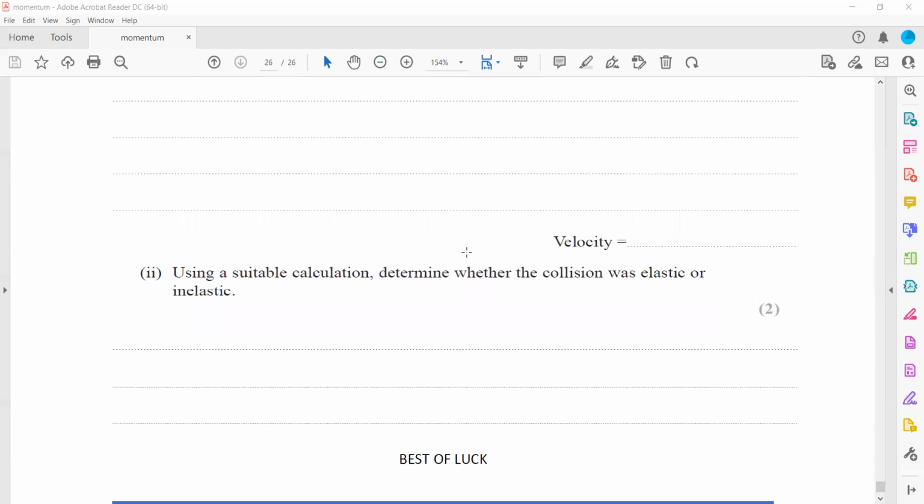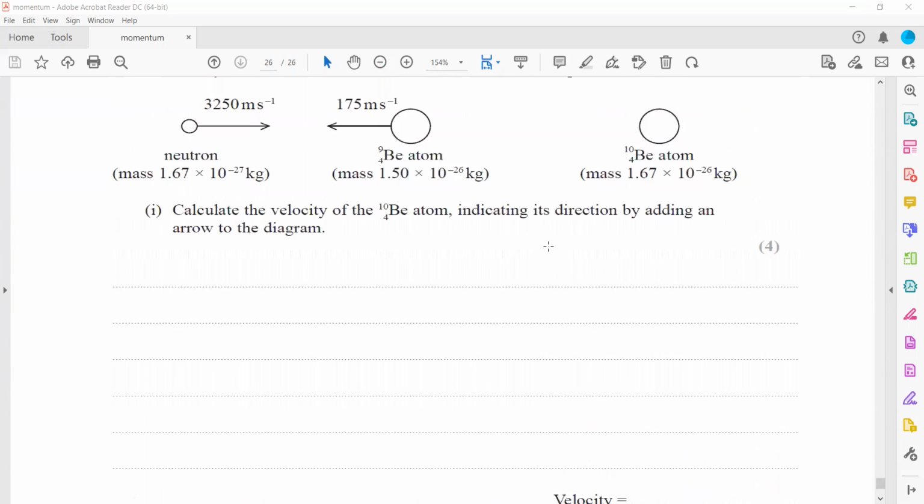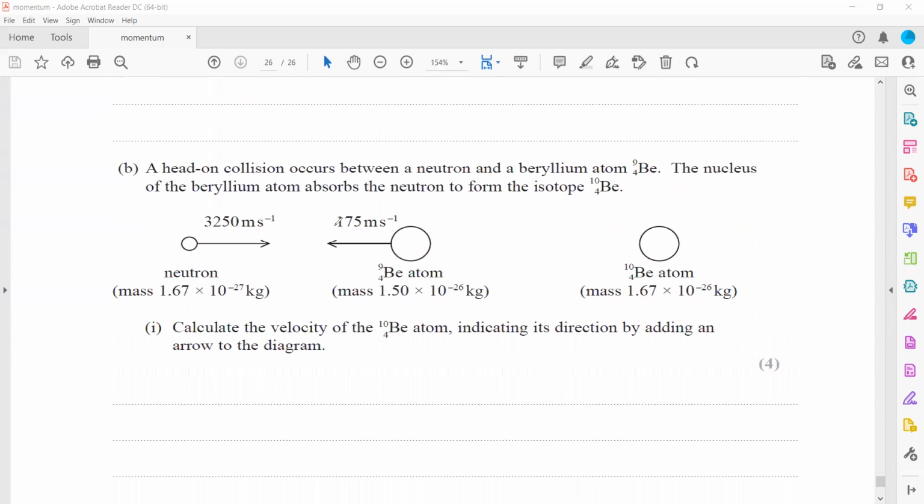And the last part: using a suitable calculation, determine whether the collision is elastic or inelastic. When we are talking about elastic or inelastic, we don't have to bother about the direction. We'll just use half mv squared for this one, and half mv squared for this one, even though it is a head-on collision.